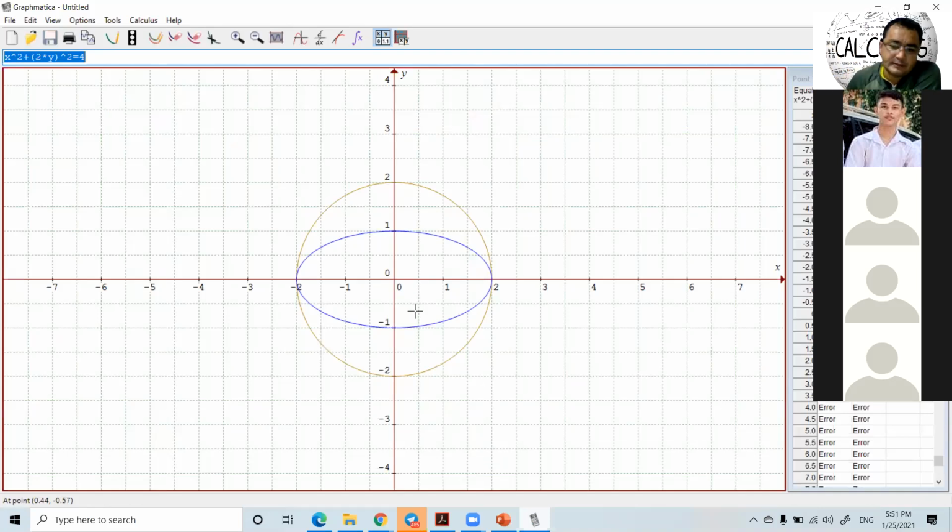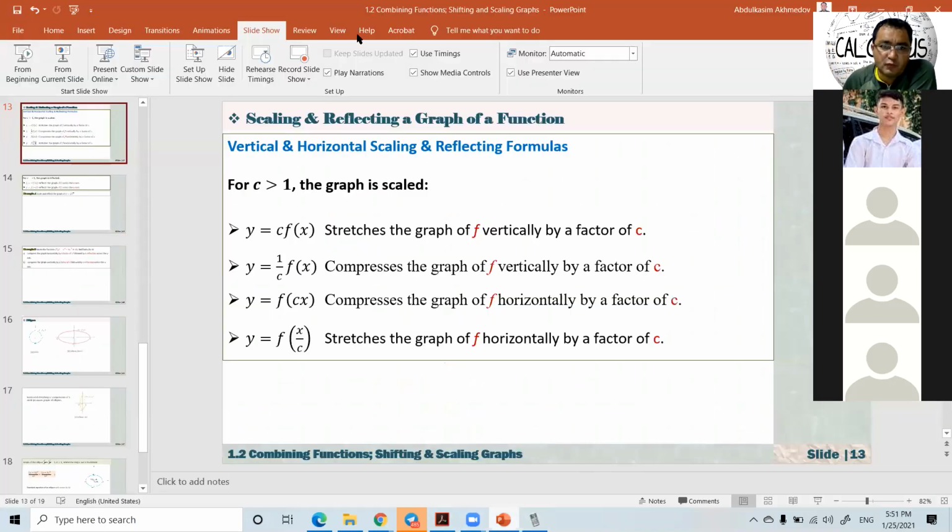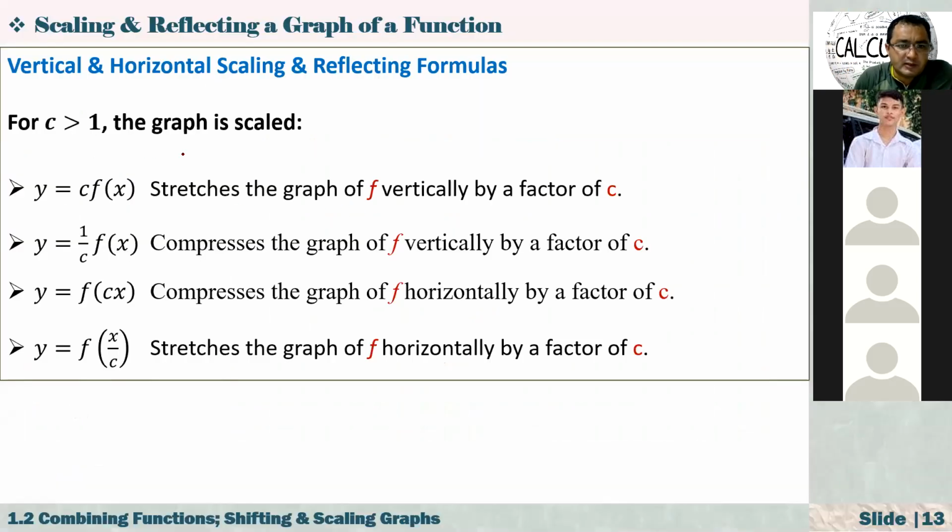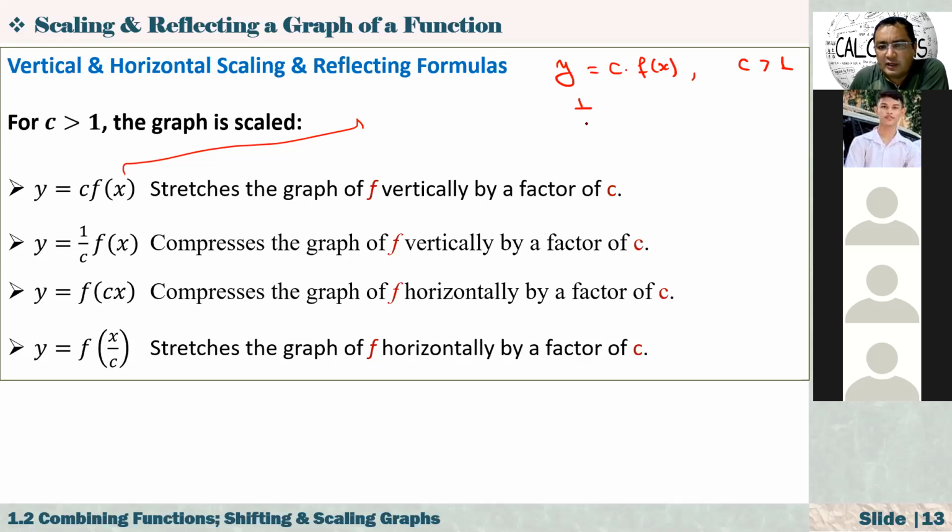All right, guys, I want to point out one thing here because you may get confused. Here y equals c times f of x, and c is greater than 1. It is the same thing as multiplying y in the equation by 1 over c, giving f of x.